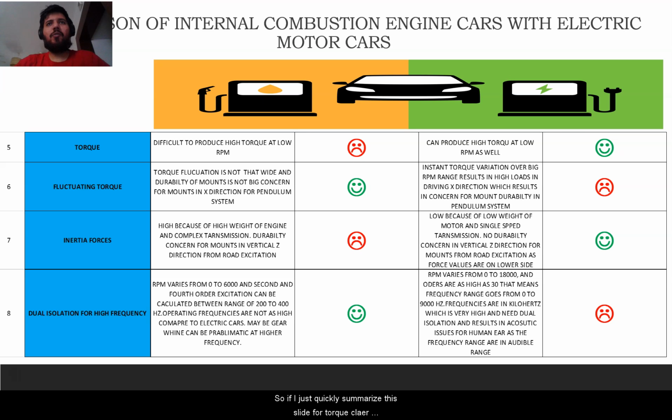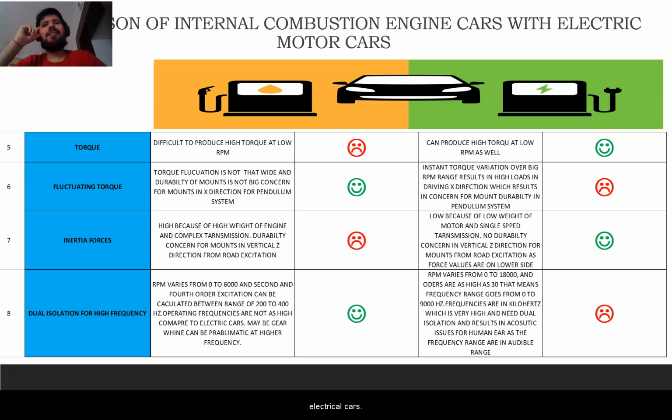So if I just quickly summarize this slide, for torque, the clear winner is electrical vehicles. For fluctuating torque durability, petrol and diesel vehicles don't have that big a concern compared to electrical vehicles. Inertia forces for petrol diesel cars are high, so the clear winner is electrical cars.